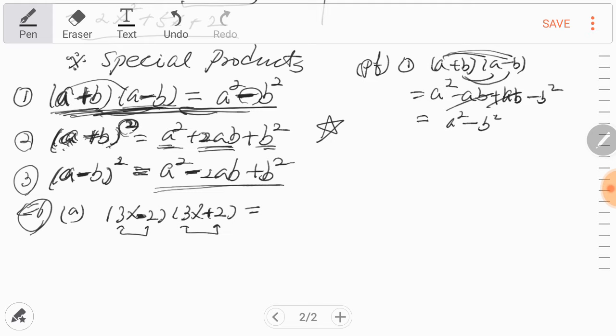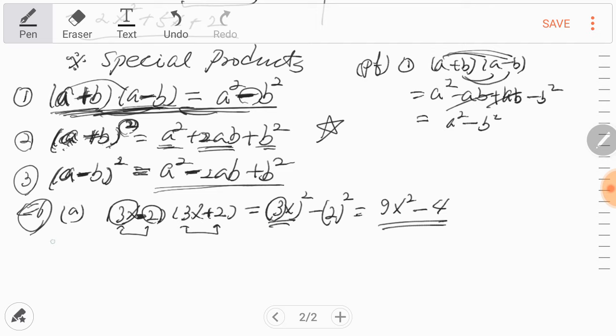Using the property, the result is the first term squared minus the second term squared. So 9x squared minus 4, because 3 times 3 is 9, and x times x is x squared.